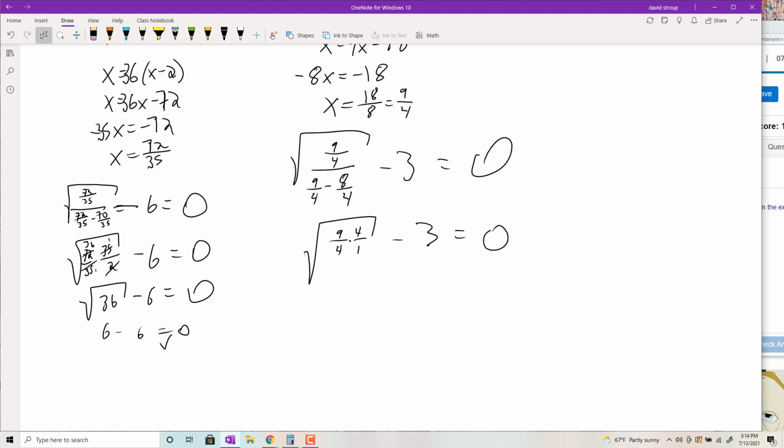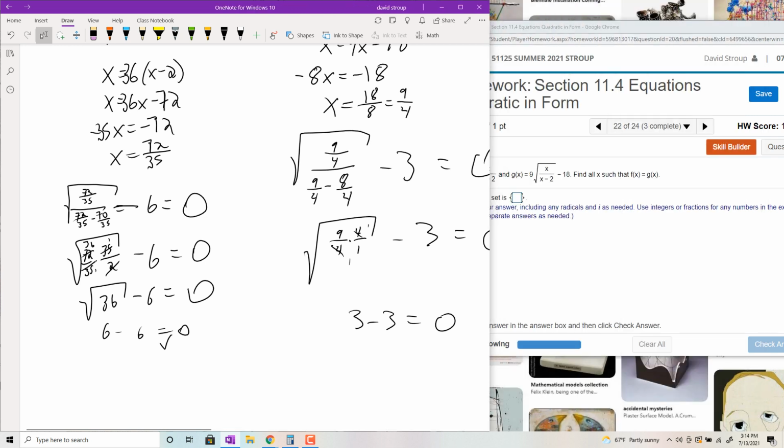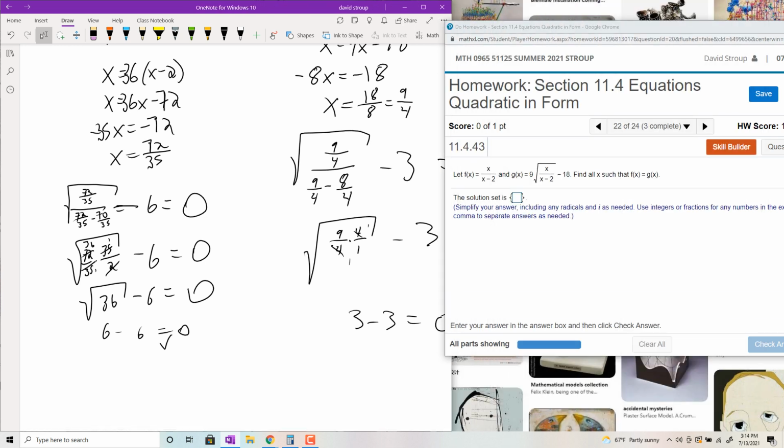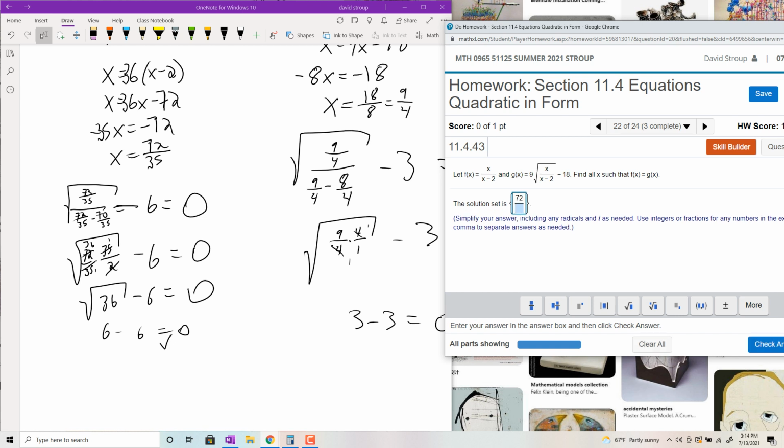Okay, so square root, that'll be 9 in here, and then 3 minus 3 is 0. Gee willikers. I won't put one like that on a test, but 72 over 35, comma, 9 over 4.